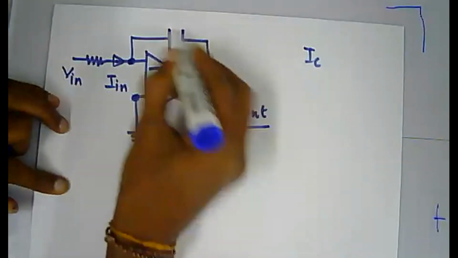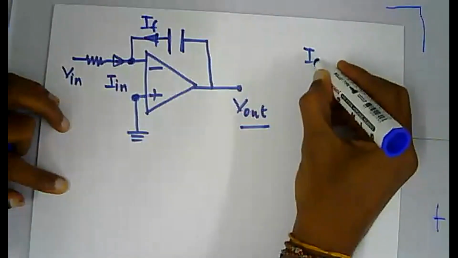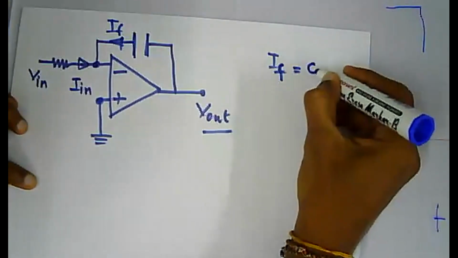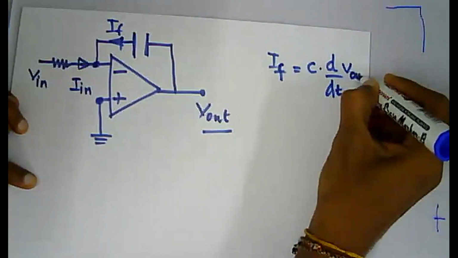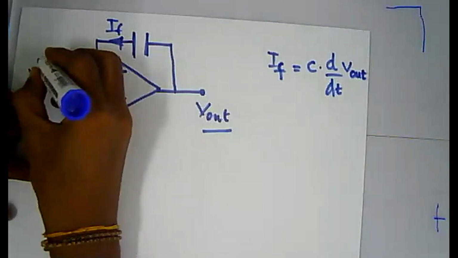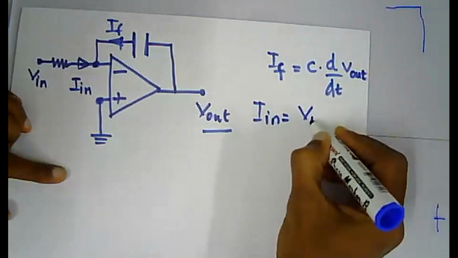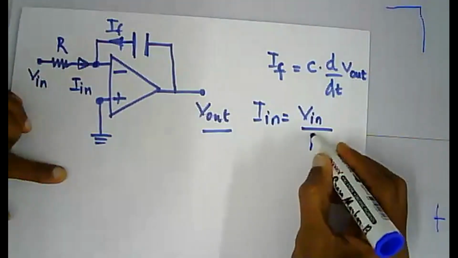So the current IF becomes C into d/dt of V out. Am I right? And similarly, your I in becomes V in over, let this be R.